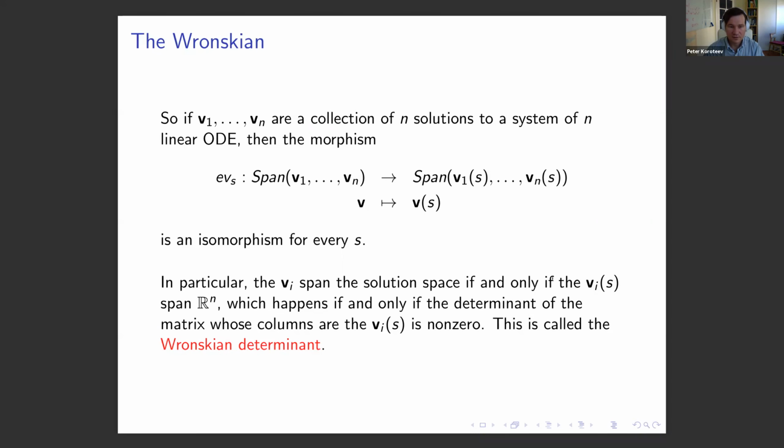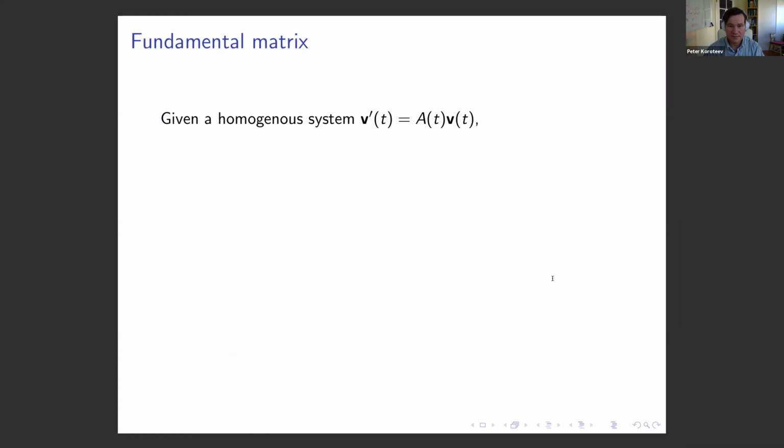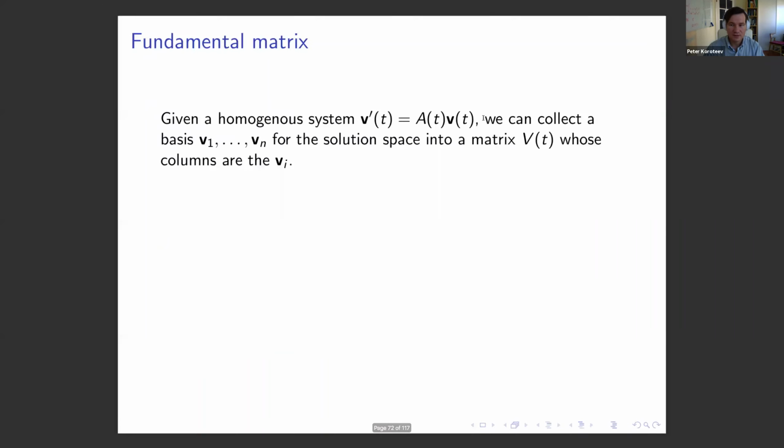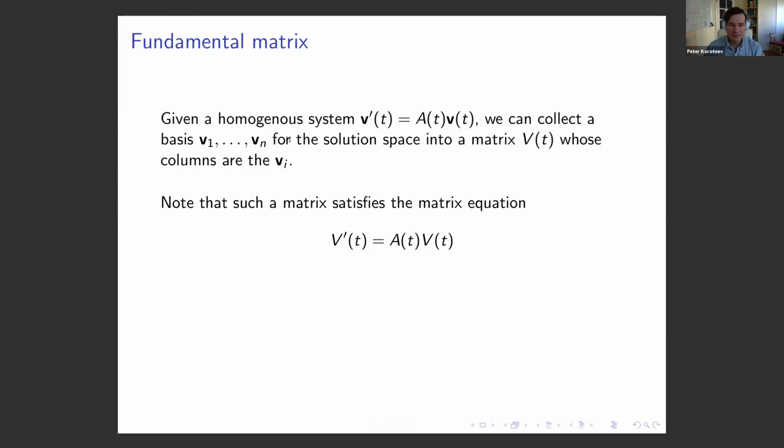So let's look at an example. You have a homogeneous system, V prime is equal to A of t times V. We collect the basis for the solution space into a matrix, big V of t, whose columns are the little vi, those vectors, such that the matrix satisfies the matrix equation.